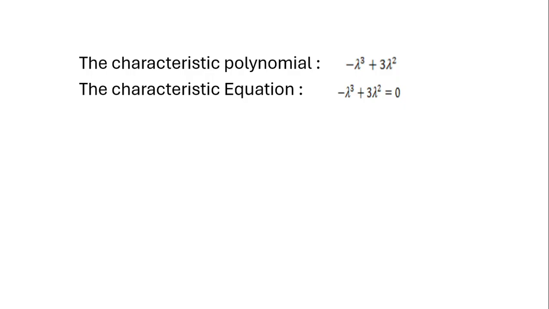From this, we can write the characteristic equation. So the characteristic equation is nothing but minus lambda cube plus 3 lambda square is equal to 0. So this is the characteristic equation of this problem.